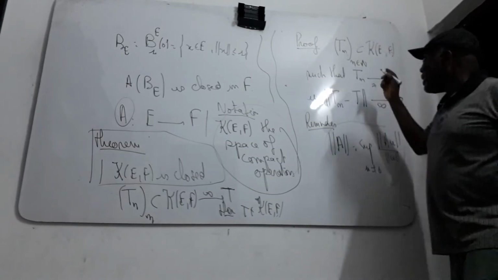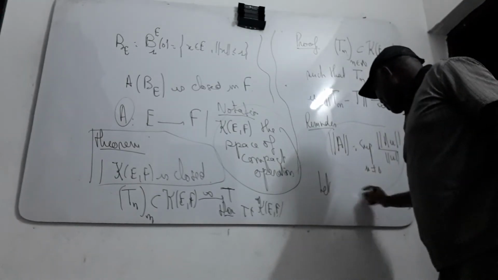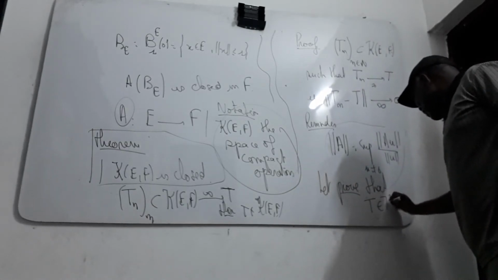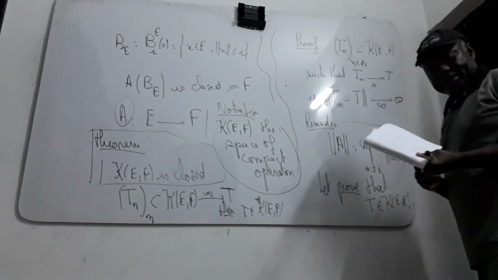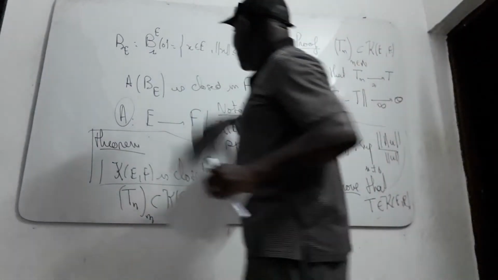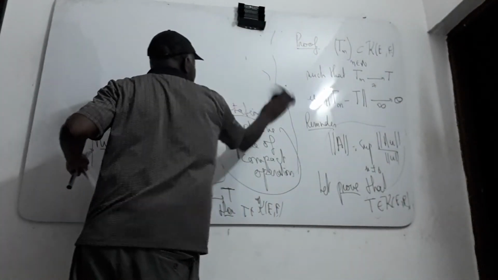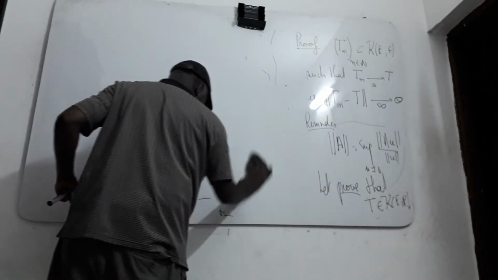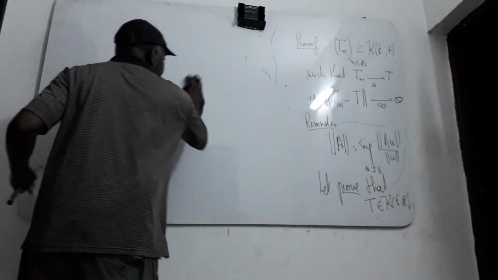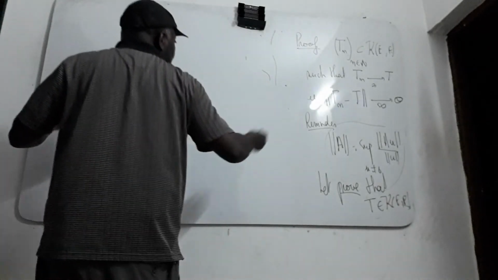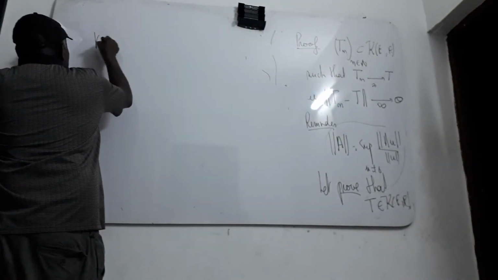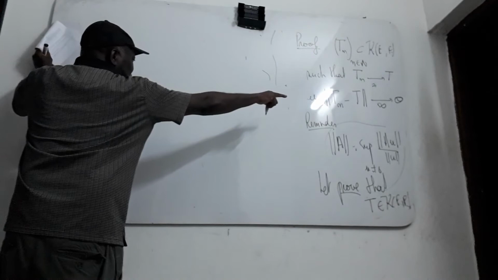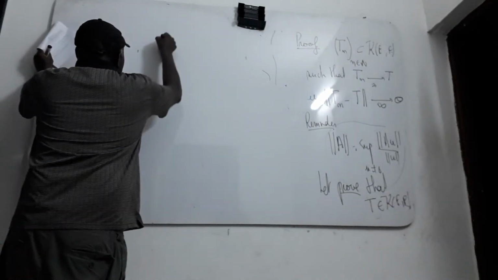Okay, let's prove that T is an element of K(E, F).